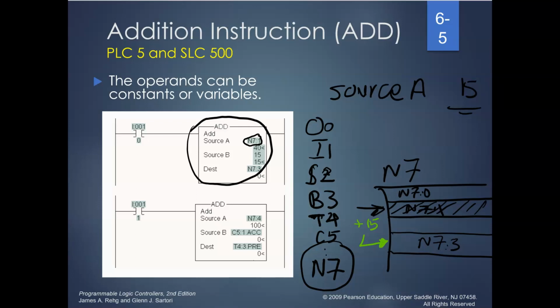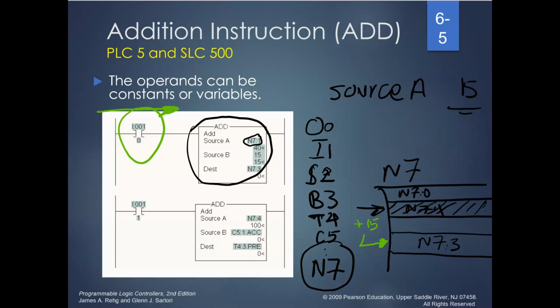So this is what's happening here. Now remember that because we have a condition here, this addition will happen if we have continuity over this input. So if input terminal 0 is true, then the addition will happen.